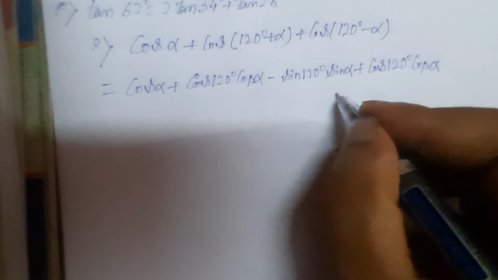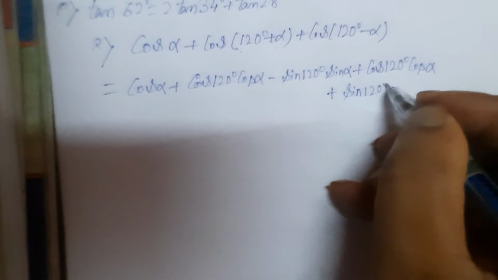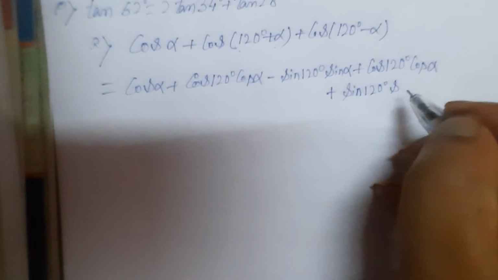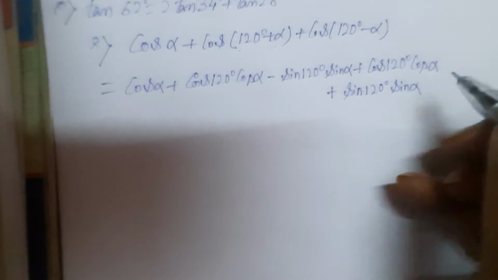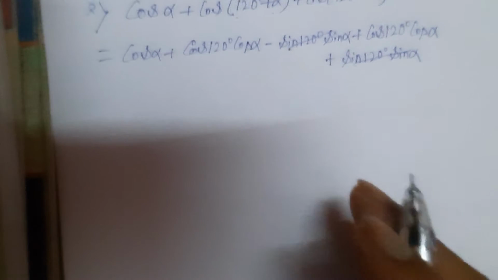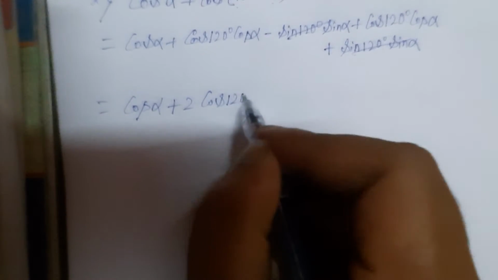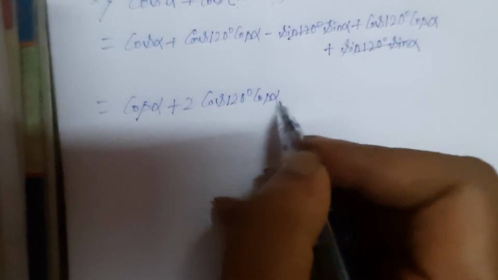So cos 120 cos alpha plus sin 120 sin alpha. This term and this term get cancelled, so you get cos alpha plus 2 into cos 120 cos alpha.